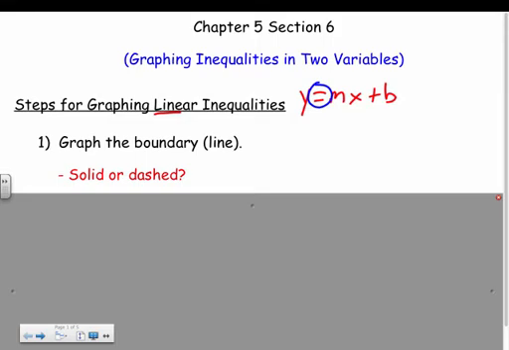So if it still has the equals with it, like less than or equal to or greater than or equal to, it's still going to be a solid line. If it doesn't have the equal to with it, less than or greater than, now it's going to be a dashed line. And I'll explain why that is in just a little bit. So solid if the equal to is still there, dashed if not.